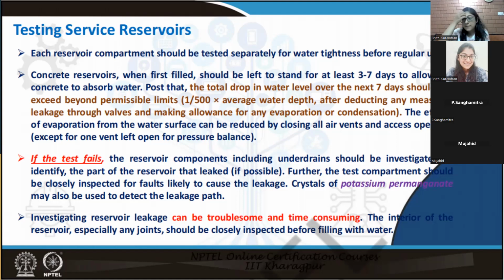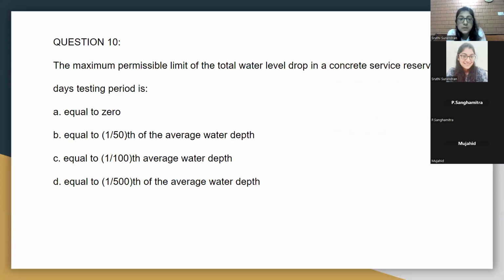For a small depth this might be okay, but when a huge depth of water is lost through leakage or any other reason, there will be insufficiency in meeting the demand. So the question was: the maximum permissible limit of total water level drop in a concrete reservoir for a 7 days testing period should be equal to option D, 1/500 of the average water depth.